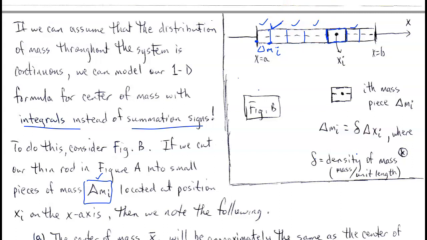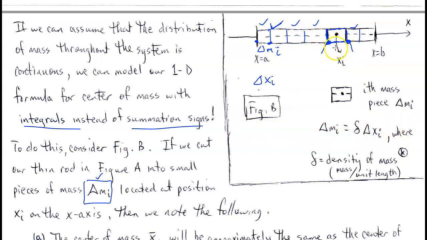Okay. Now, delta x sub i is just the change in the x values from one location to another. That is what delta x sub i would be.